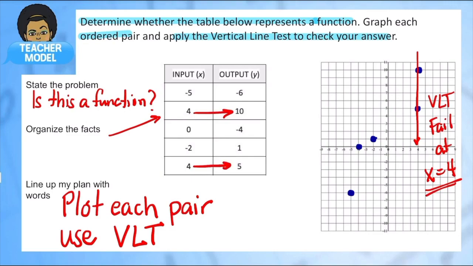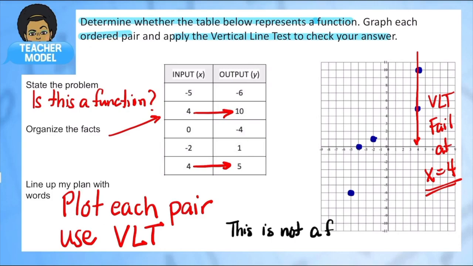So this is another way that I can tell whether or not I have a function by graphing it and looking at the vertical line test. And I would write this down in my response. No, this is not a function because I have two outputs when x equals 4. That's right. I'm going to write that full sentence.